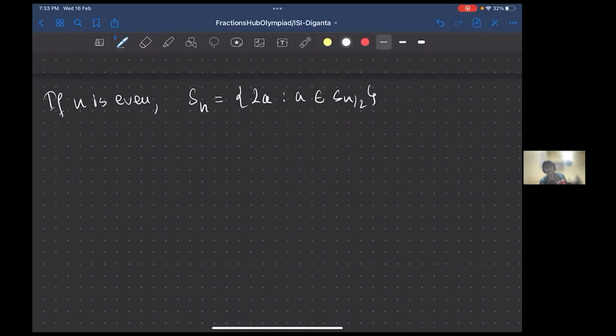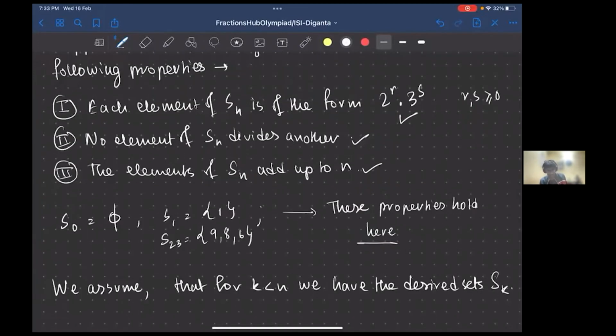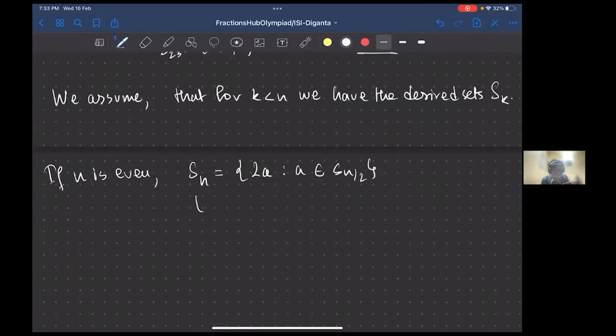So the elements of this set don't divide each other, they add up to n/2, and each element of them is of the form 2^r times 3^s. So this is a valid construction, with all the properties we need.